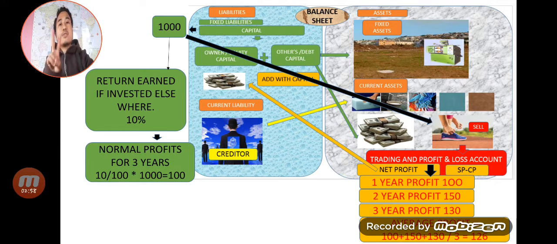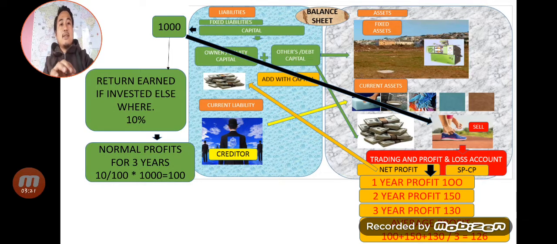Now there are two options for the investor, either to purchase this business or to invest this 1000 in another business. Looking at the picture, it is very clear. On the left hand side, in green, you can see the normal profit is 100. So this is investment avenue 1.